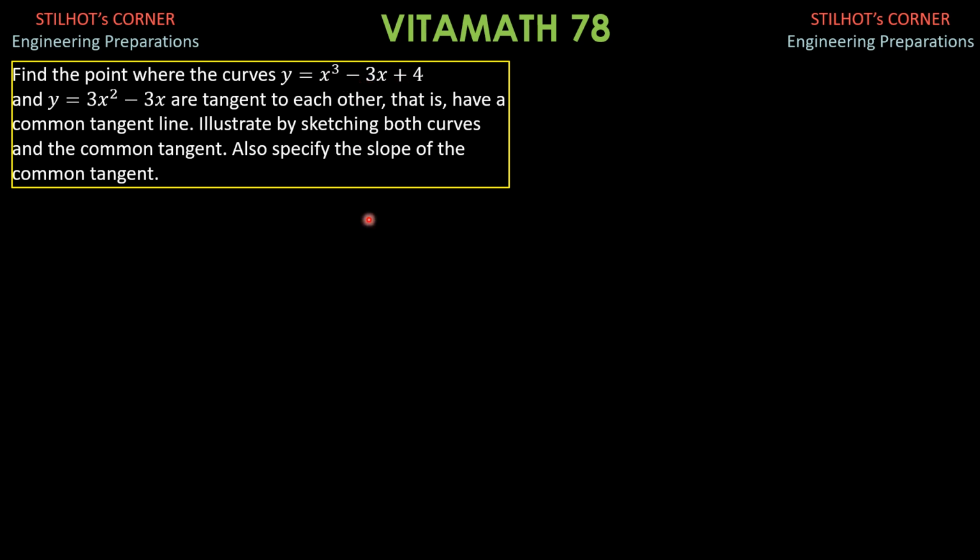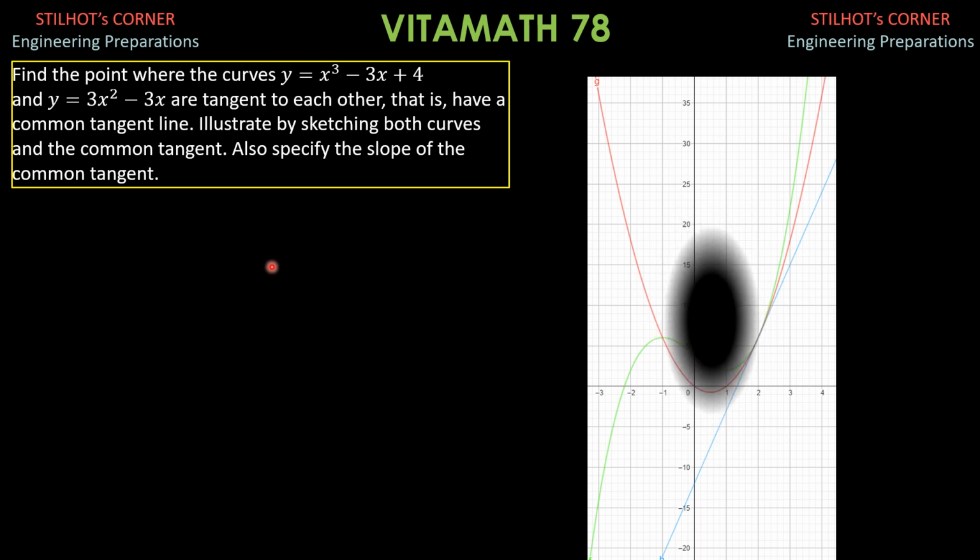When x is negative 3, let's sketch the green curve first. It is a cubic as mentioned earlier. We anticipate that it looks like that. If it is quartic, then it may look like this, W.